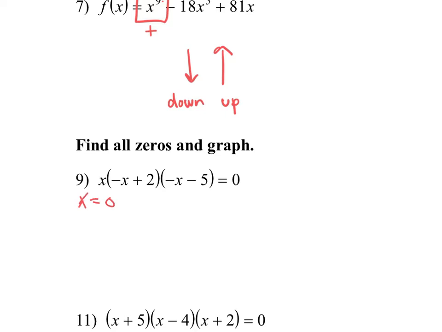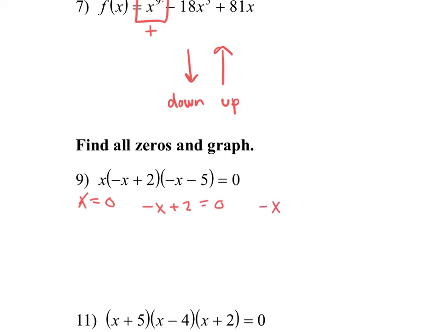What's our next piece? X minus 2 equals 0. Negative x plus 2 is equal to 0. But when we just turn to x minus 2 equals 0? Yes. But we're just writing exactly how it is here. And then we can solve it.